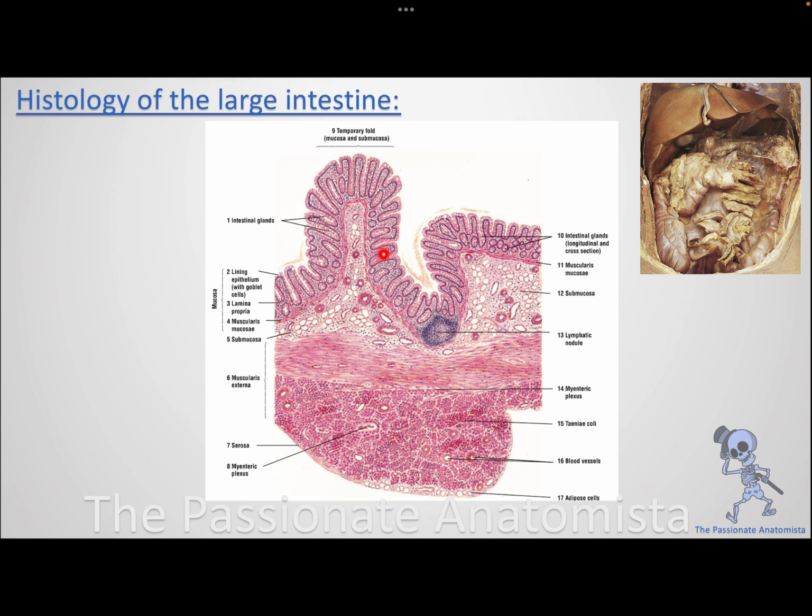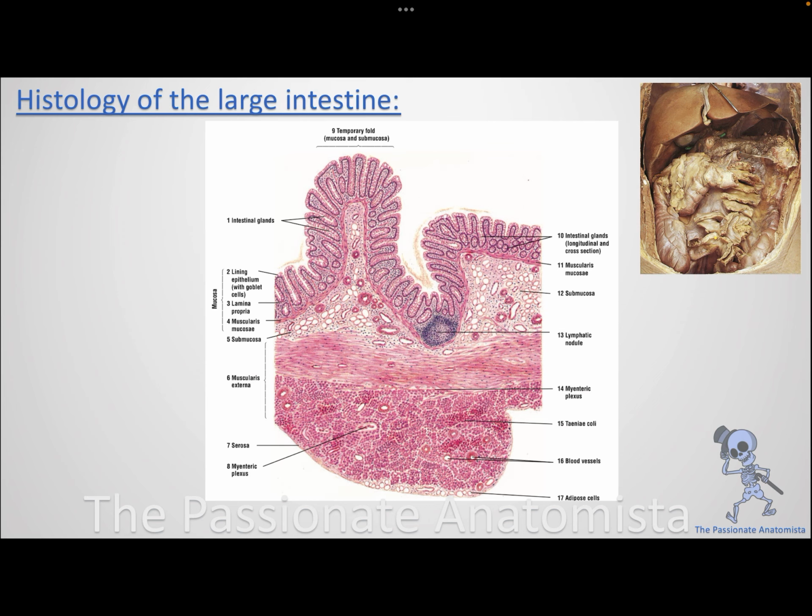But they are not in the form of villi, and they have goblet cells. If they are not in the form of villi, it means they are not small intestine. If they have a lot of goblet cells, it means they are large intestine. If they are not in the form of villi and they don't have goblet cells, this is a stomach.